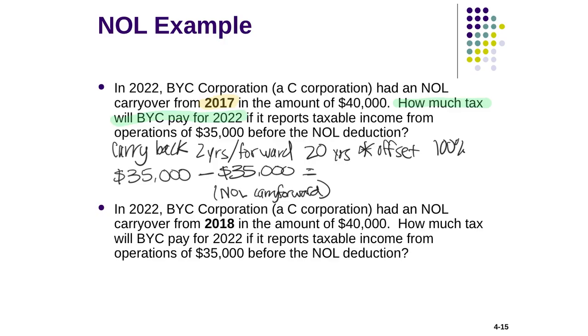And that means our taxable income is now $0. And then since our taxable income is 0, we answer the question, how much tax will be paid? The tax paid will be $0.